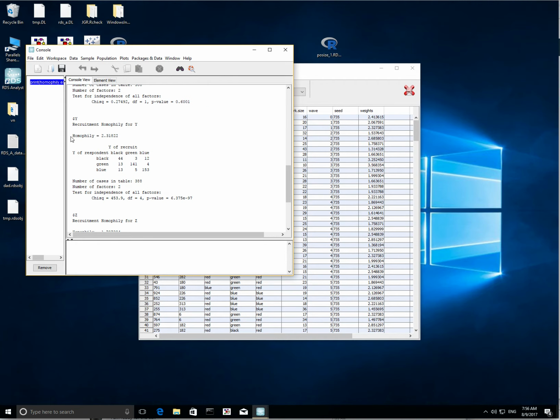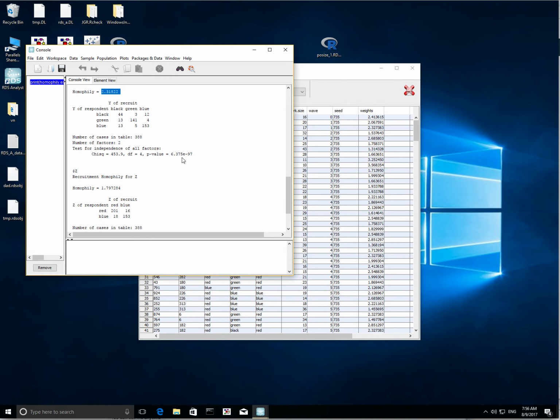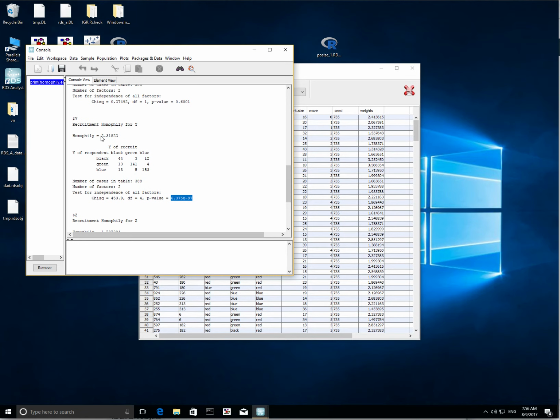And see, here we have Y, a recruitment homophily of 2.3, so 230% more like-to-like recruitment than we would expect by chance, and a p-value here very, very small. So here we see a lot of homophily in Y. And what that can do is inflate the amount of variation in our RDS estimators.